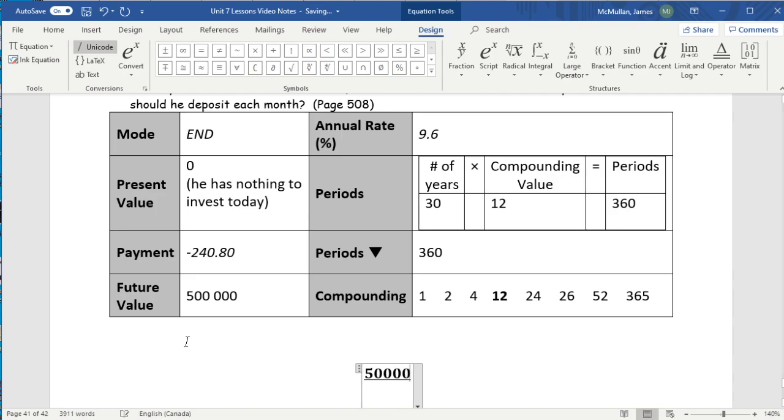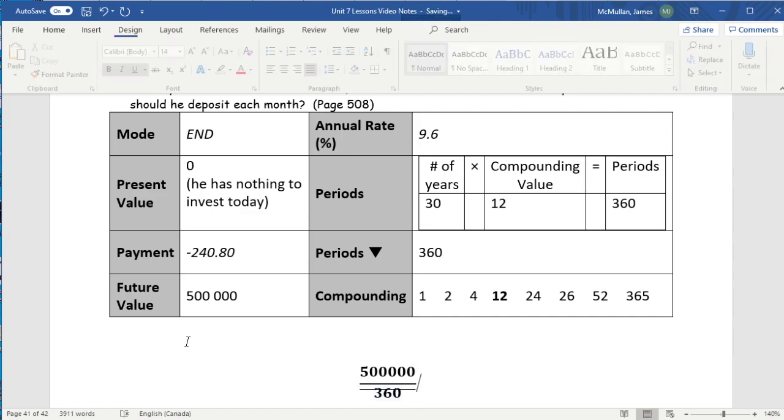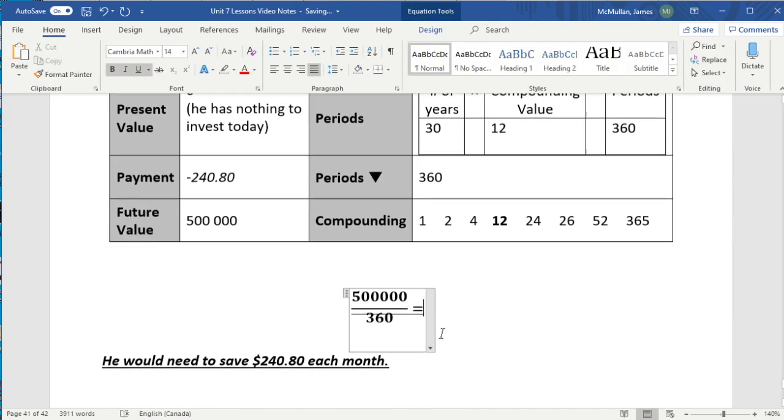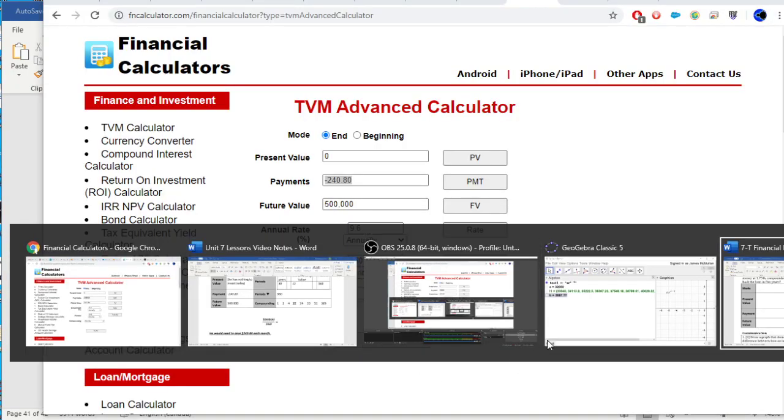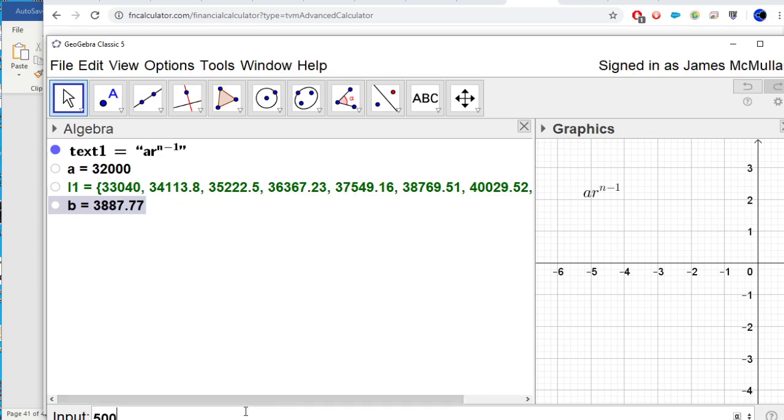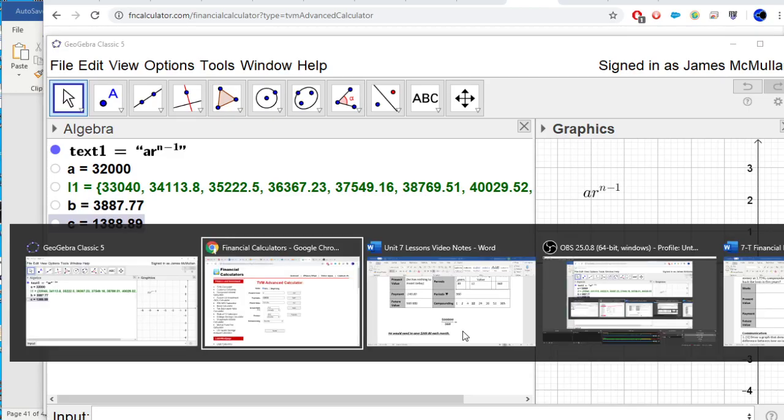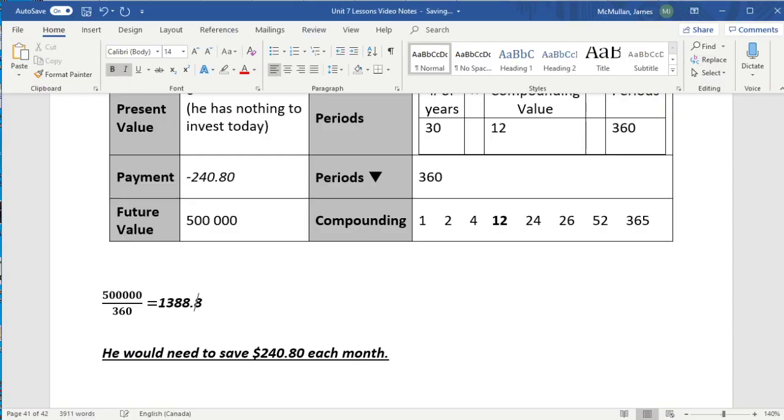I want $500,000, and I'm putting it in once a month. If there's no interest in the question, then I would need to put in $1,388.89 per month.